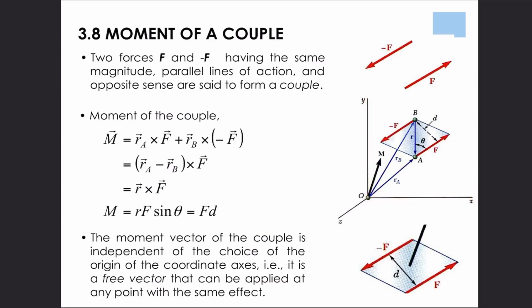So the moment of the couple F and negative F is this value, or we need to get R sub A, or the distance from O. So say we get the moment, vector moment at point O.